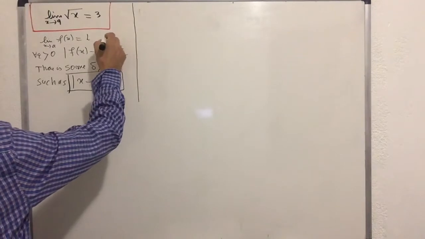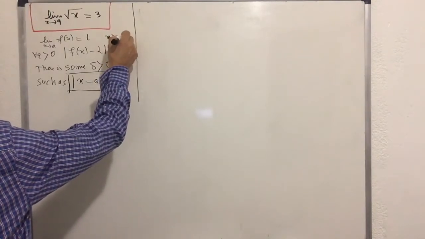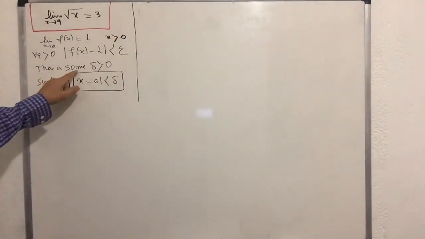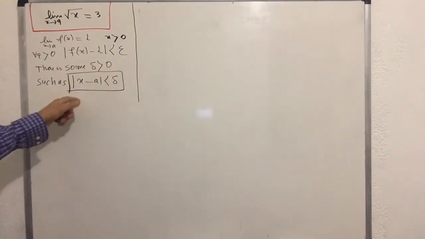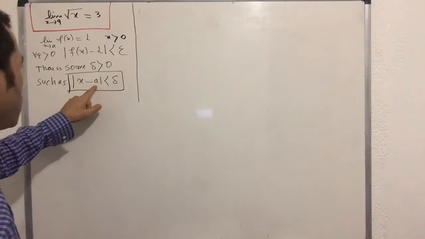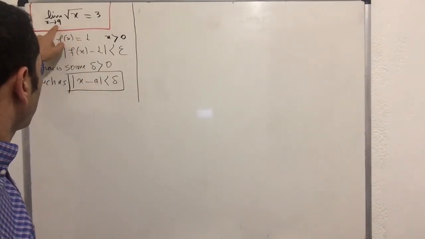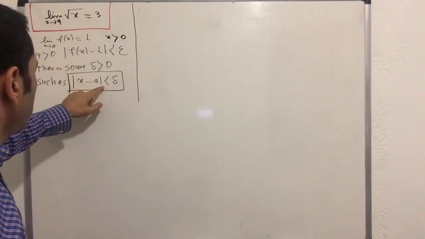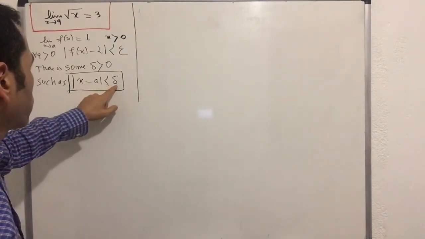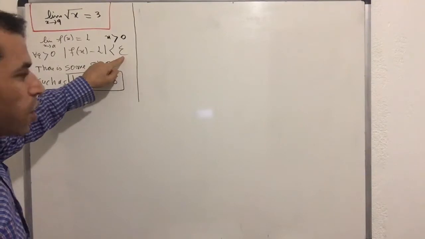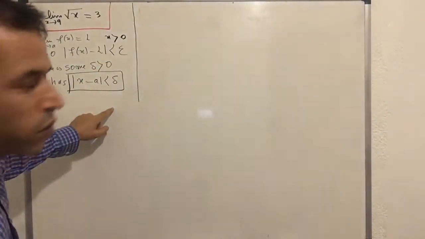There exists some delta superior than 0 such that the absolute value of x minus a is strictly inferior than delta. We are going to be given that epsilon and we are going to prove delta.